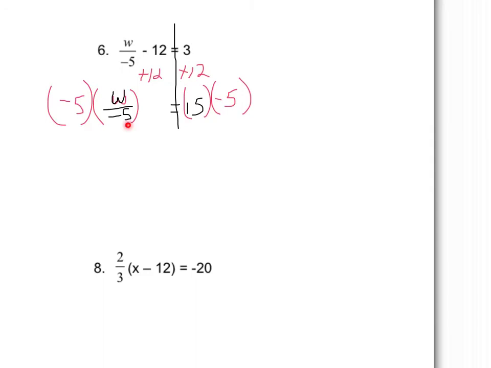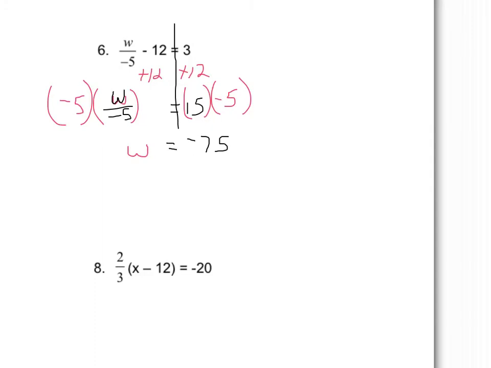If I'm dividing something by -5, to basically counteract that, we would multiply by -5. So that ends up giving me back 1w. So we have w equals, and then 15 times -5 is -75.